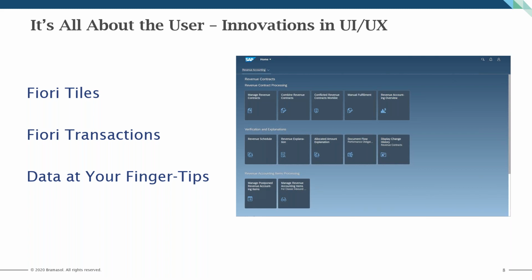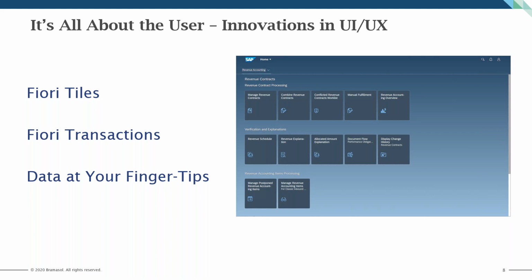We also used this not only to refurbish the known screens like the revenue contract, the performance obligation, the revenue schedule, for instance, but also to provide additional reports and verification UIs. And what you see here to the right-hand side, and thanks for putting this so nicely together, you see some of the tiles which we offer, and there we have a revenue explanation.